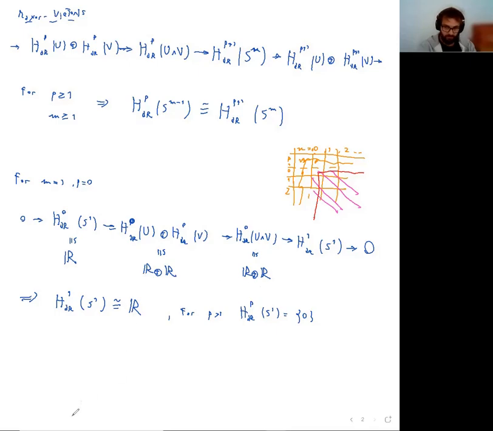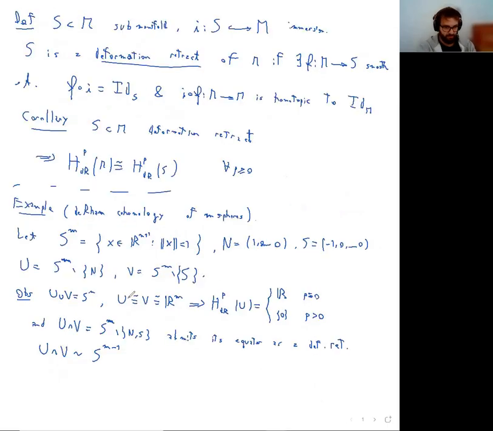Okay, so let me draw this thing again. So here we're trying to compute the de Rham cohomology of S^m. Here we have p equals 0, 1, 2, 3. And here we have m equals 0, 1, 2, 3. Okay, 0, 0, it's easy. It's the number of connected components in S^0. And by the way we defined S^0, this is actually 2 points, 1 and minus 1.